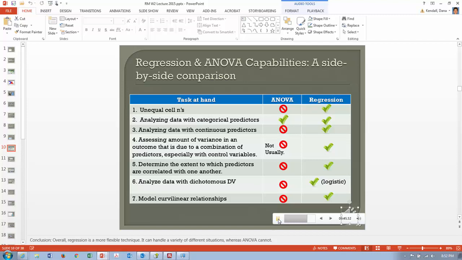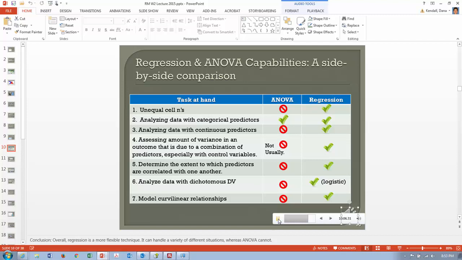We would say that 0 means they didn't have a suicide attempt and 1 is that they did. And that would be a special case of regression. ANOVA certainly can't handle this case, but a special kind of regression can, and it's called logistic regression, and we will learn that later this quarter.